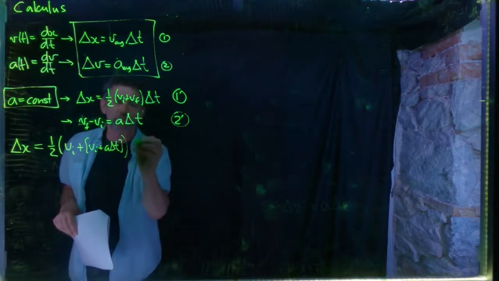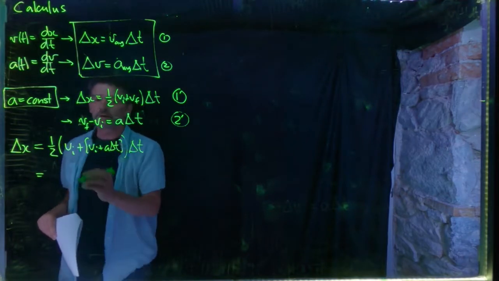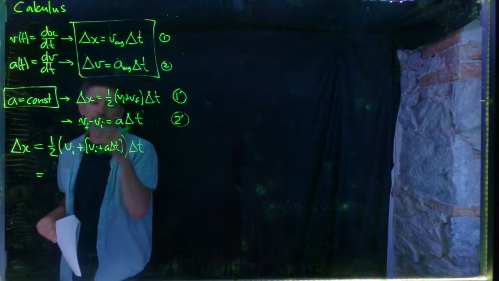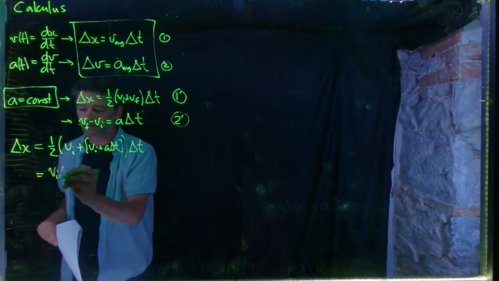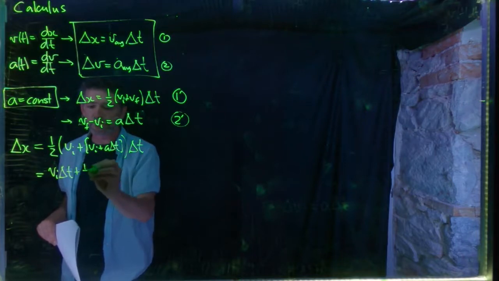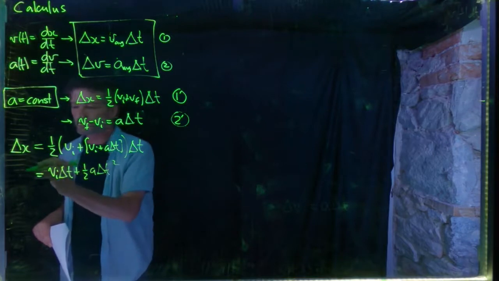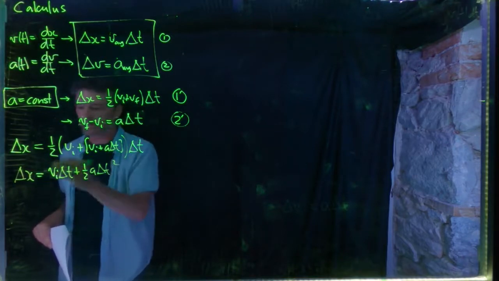And then you multiply that whole thing by delta t, and so what you get is delta x equals, you have a v initial, plus another v initial in these parentheses, so you get 2 v initial divided by 2 is just 1. So this is v initial delta t, and then you have a 1/2 a delta t, so plus 1/2 a delta t squared.